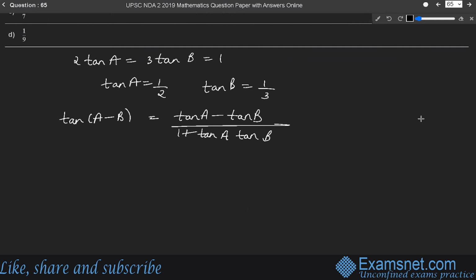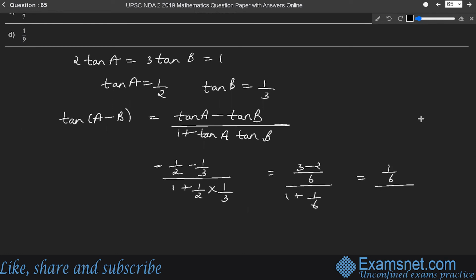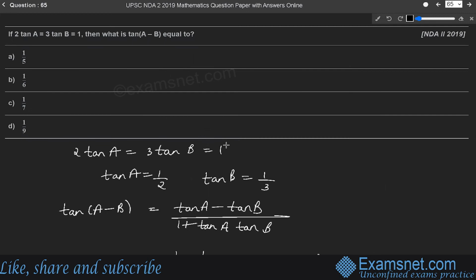Now, substituting the values here, it will be (1 by 2 minus 1 by 3) divided by (1 plus 1 by 2 into 1 by 3), which is equal to ((3 minus 2) by 6) divided by (1 plus 1 by 6). So it will be equal to 1 by 6 divided by (6 plus 1) by 6. So it will be equal to 1 by 7. Hence, we can say that the correct answer here is option C.